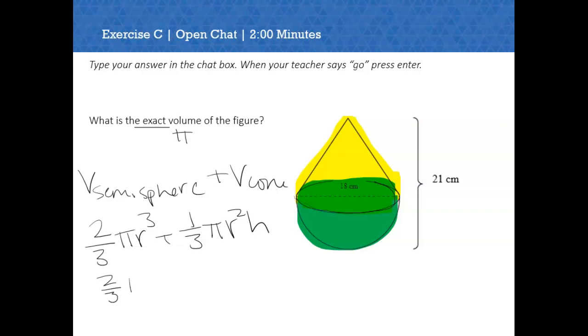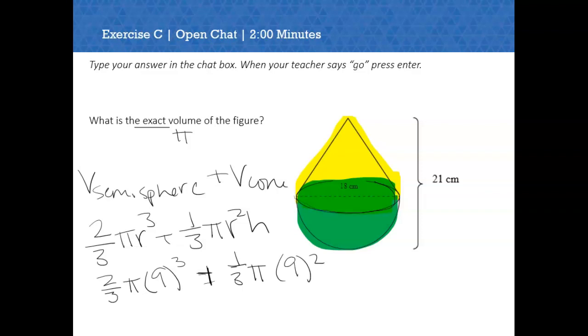So 2/3 pi r, half of the diameter, so 9 cubed. Plus 1/3 pi r, again, is 9. So 9 squared h.